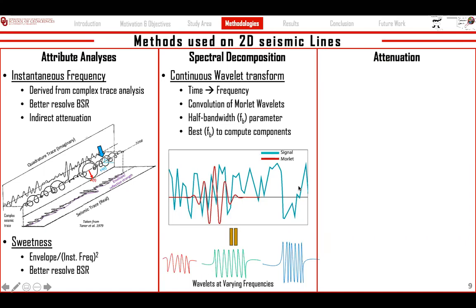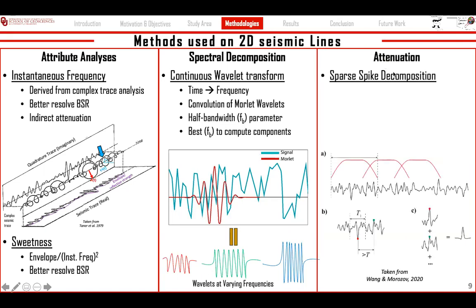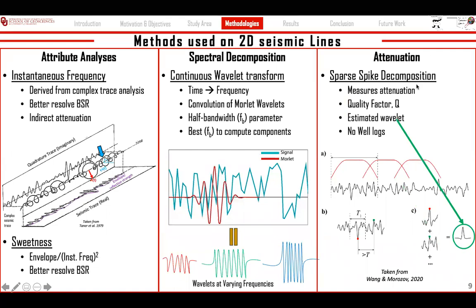The last method, the attenuation method known as sparse spike decomposition, developed by Wang and Morrison 2020, allows us to directly measure the attenuation response using an attenuation parameter known as the quality Q factor. Generally, this method allows us to estimate a wavelet from the seismic trace, similar to how the Morlet wavelet is described.